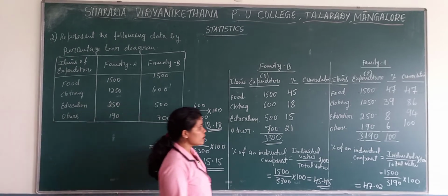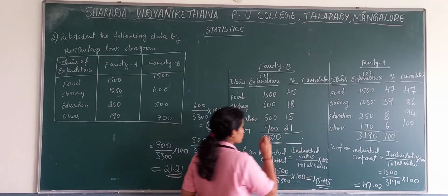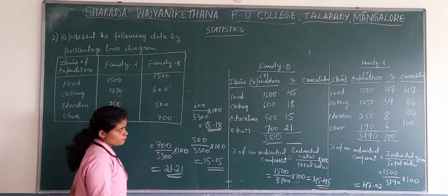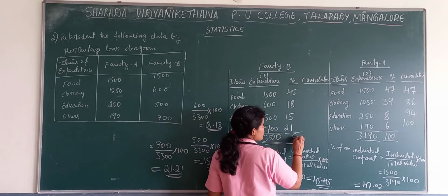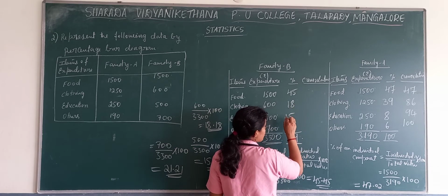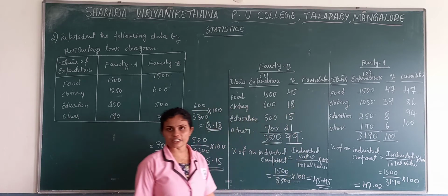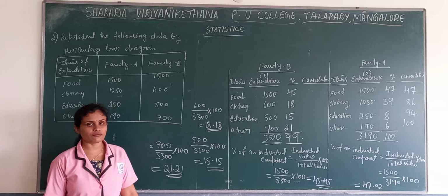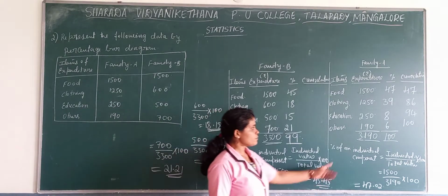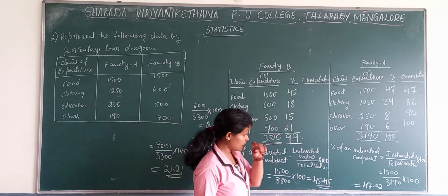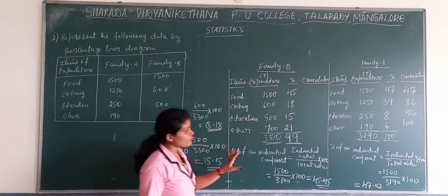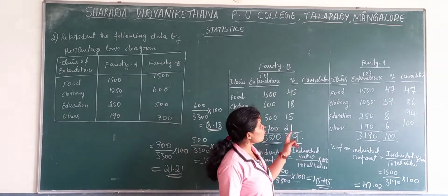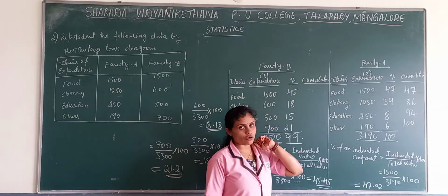Now total it. What do you get when you total? Here we get 99. As I said when we were doing the previous table, sometimes you will get 99, but since it is a percentage bar diagram, here we have to get 100. Now we have to increase any one of the values.